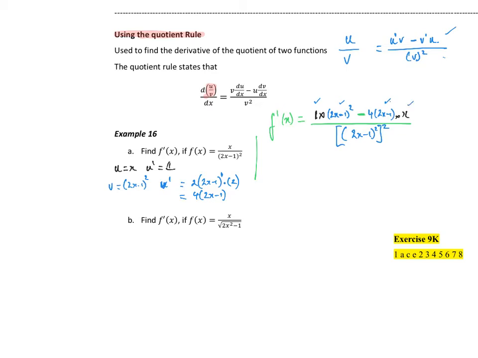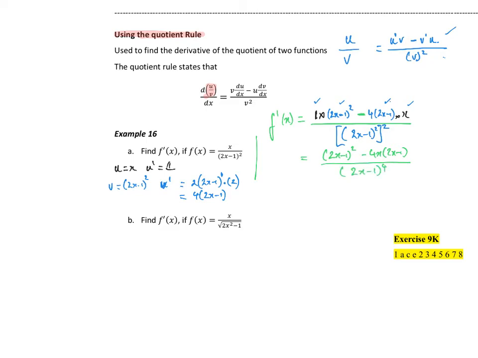So we get to simplify that. I've just got 2x minus 1 squared minus 4x times 2x minus 1, all over 2x minus 1 to the 4.